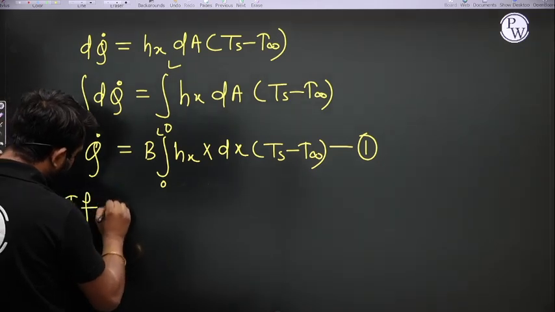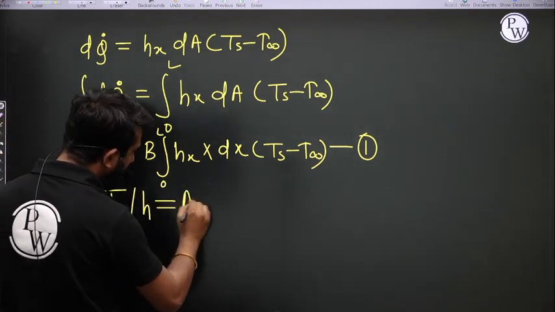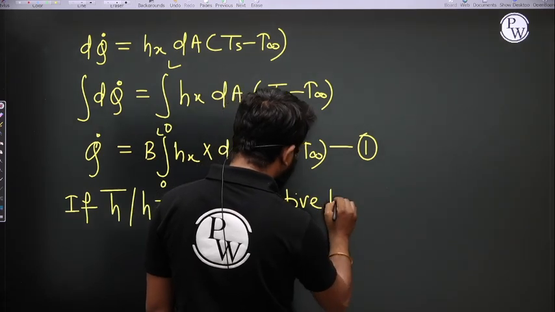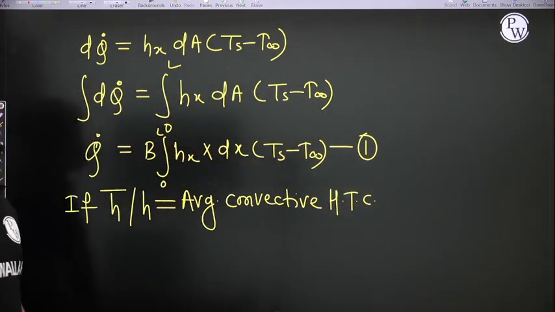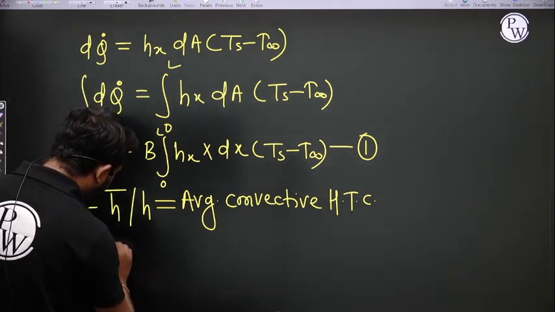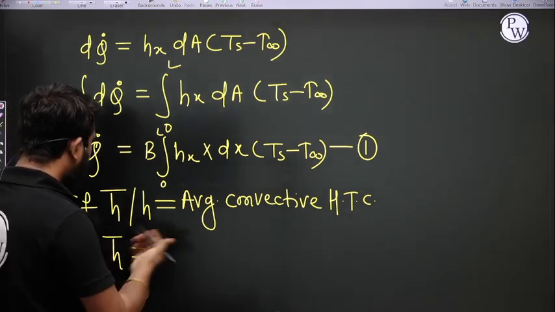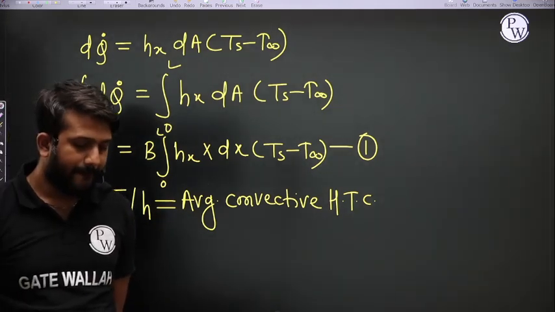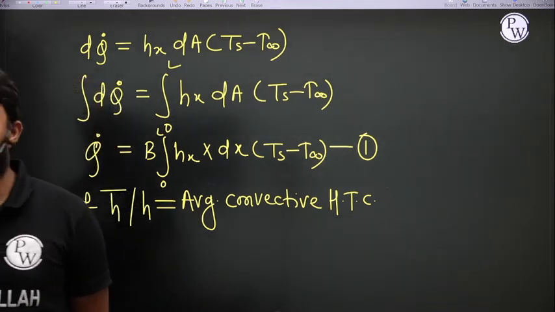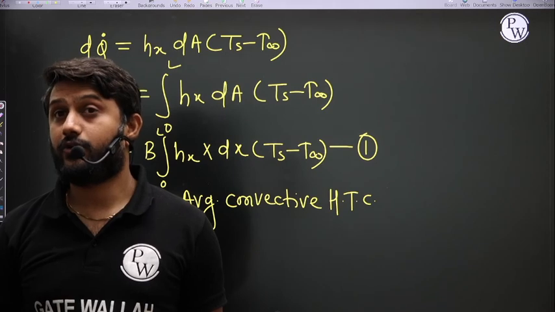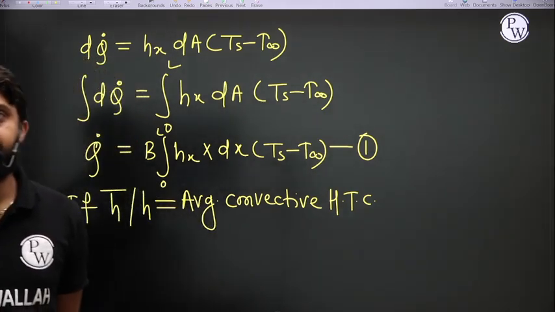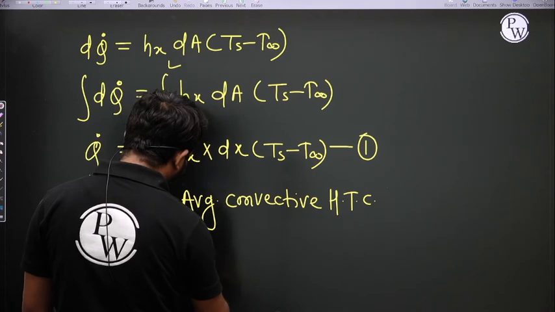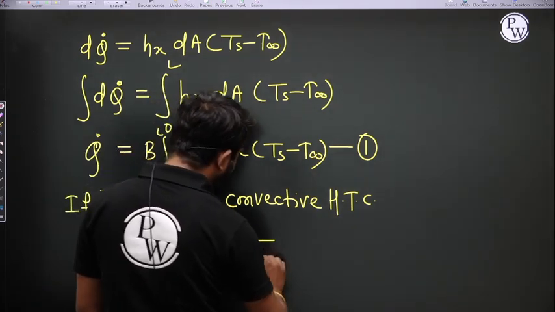If I am assuming that H bar or H is the average convective heat transfer coefficient, and I want to calculate the total rate of convection heat transfer, then by using this average convective heat transfer coefficient, I directly write that Q dot is equal to H into A, which is B into L, into Ts minus T infinity.